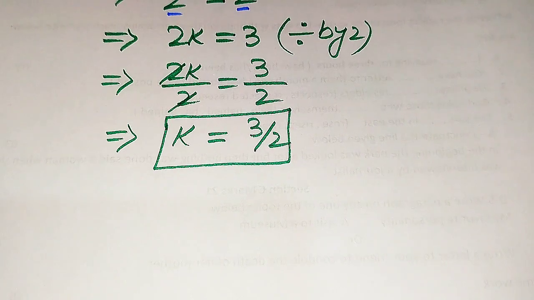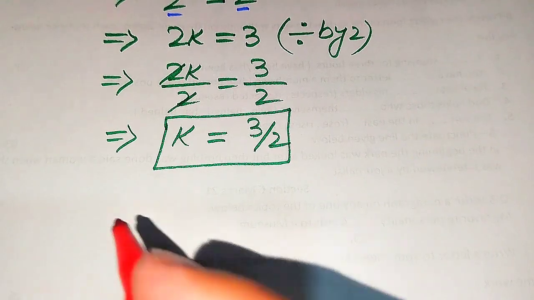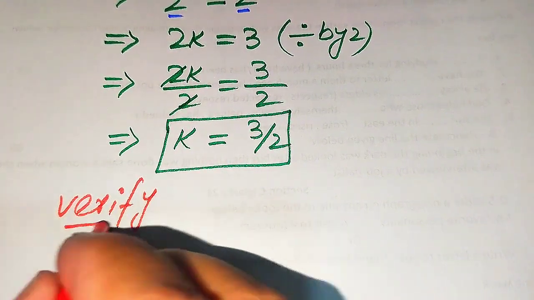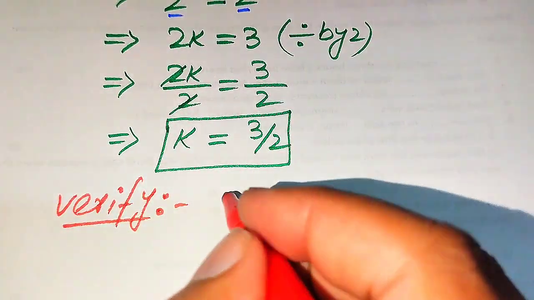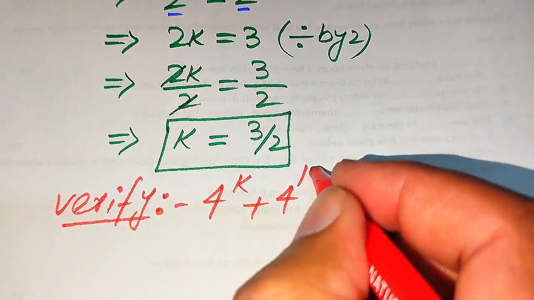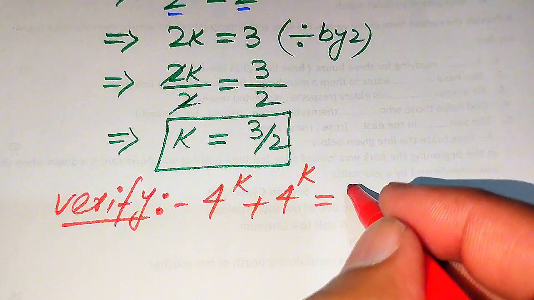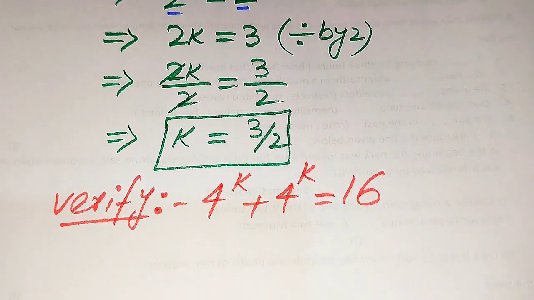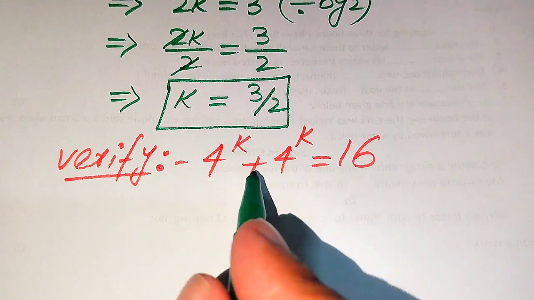And further in the next step we need to verify whether this value of k is the solution of the given equation, or whether this value of k is an extraneous root. So for verification of this, we need to copy down the given question statement here. So it is 4 to the power of k plus 4 to the power of k is equals to 16, and here we substitute the value of k in this equation.